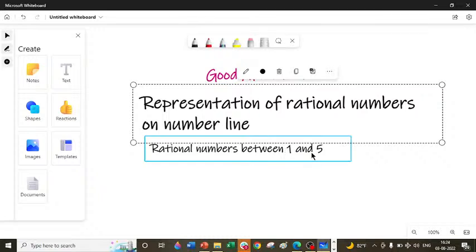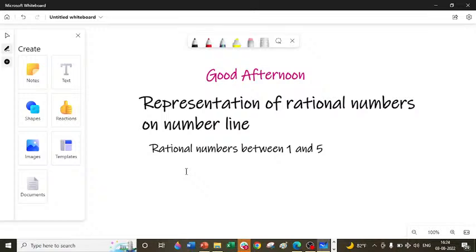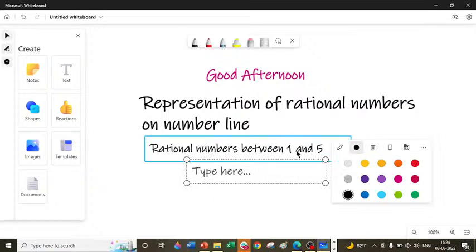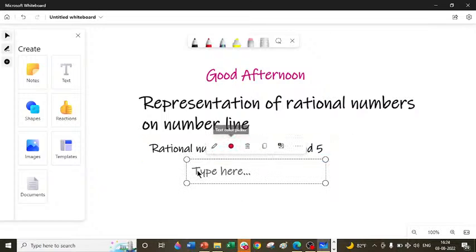तो हमें पता है 1 and 5 के बीच का जो rational number होगा वो है हमारा 2, 3, okay, and 4. So हमने ये जाना कि 1 और 5 के बीच का जो नंबर है वो है 2, 3 and 4.